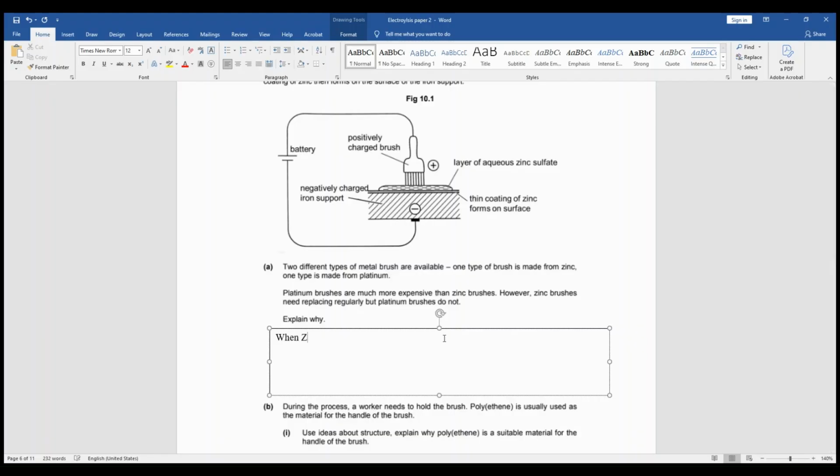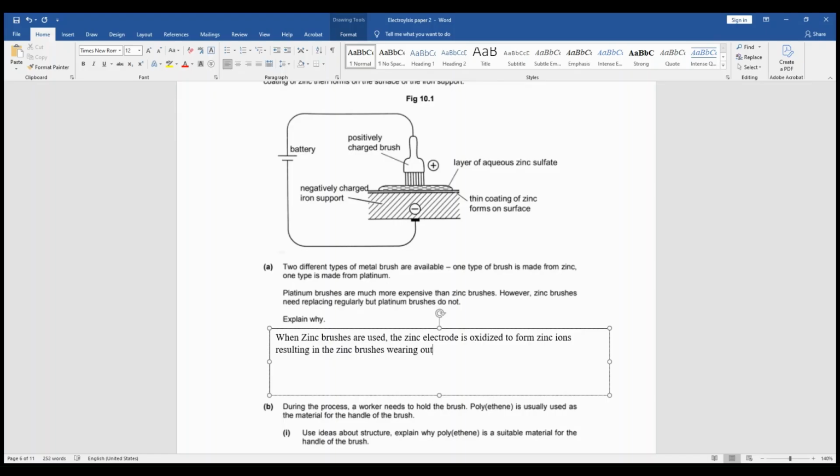Okay, when zinc brushes are used, the zinc electrode is oxidized to form zinc ions, which, you know, for light plating, okay, results in the zinc brushes wearing out.